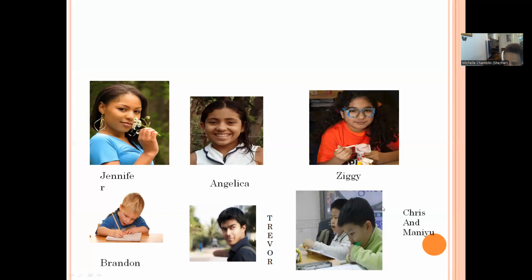Angelica. Angelica is a 5th grade student at Washington Rose Elementary School. She has a hearing impairment, but functions well in class. A specialist meets with Angelica's teacher twice a month to professionally develop Angelica's teacher.